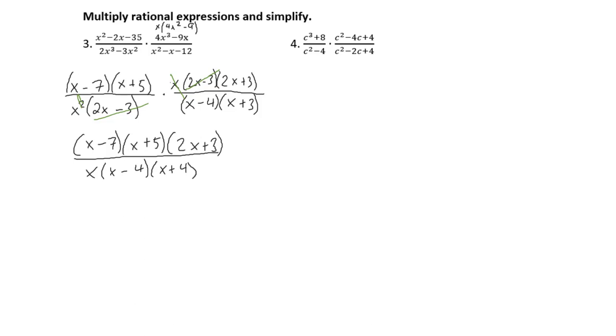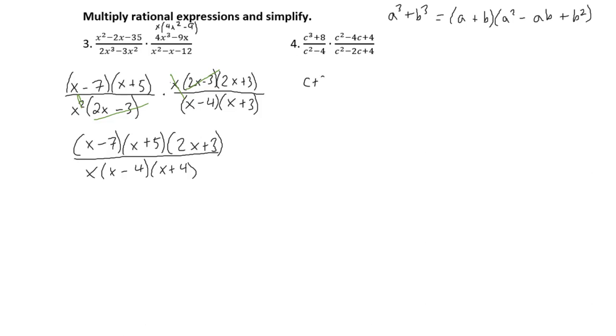All right, let's look at another example. c cubed plus 8. So remember that's a sum of cubes. So I'm going to rewrite that rule here. First term plus second term, times first term squared, opposite sign, first term times second term, always positive, last term squared.